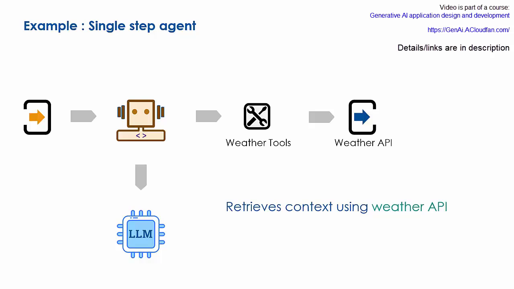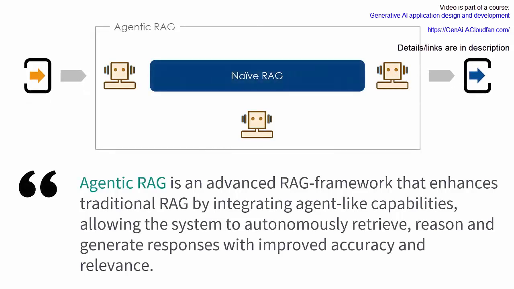In this pipeline, decisions are made about where to retrieve the data from and how to use it for generating a response. This type of RAG pipeline, which incorporates agents for enhanced decision making and interaction, is referred to as Agentic RAG. Let me provide you a more detailed definition of Agentic RAG.